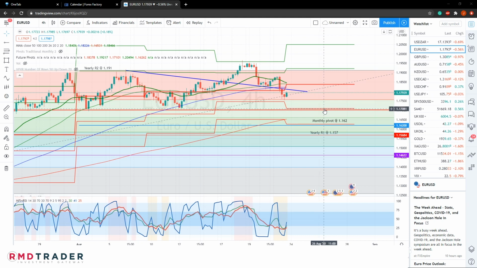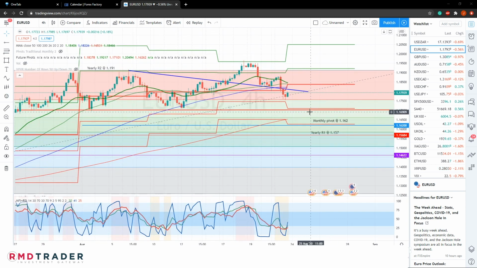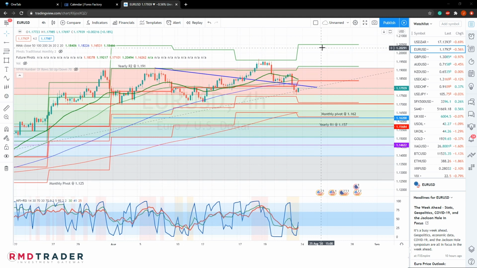That would be very close to our weekly S1 as well as this previous area of support that we can see. Should that not hold, we will move lower towards our monthly pivot at 1.162. Also, should we break above this resistance area at 1.92, that could give us a higher target closer to 1.205, although that might be a bit soon to call.